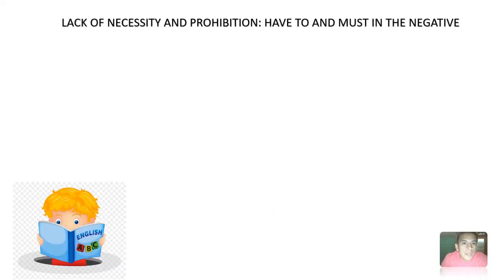Okay, now that you already know how to use the modals to express necessity, it's time to know how to use the modals to talk about lack of necessity. In this case, we will study the modals have to and must, but in the negative form.